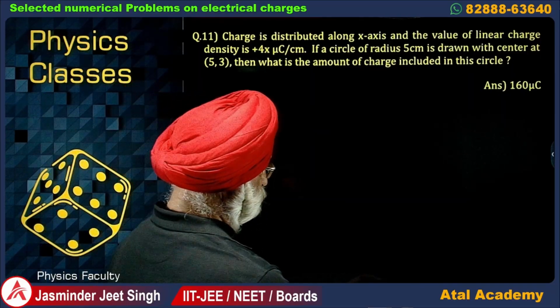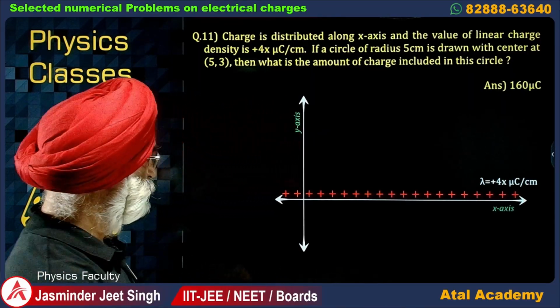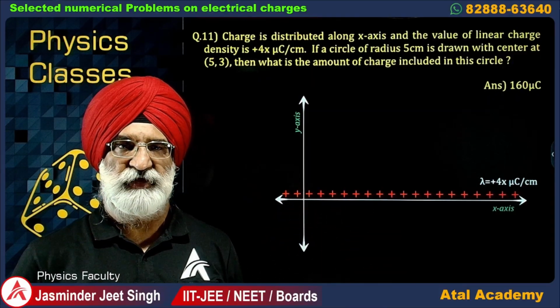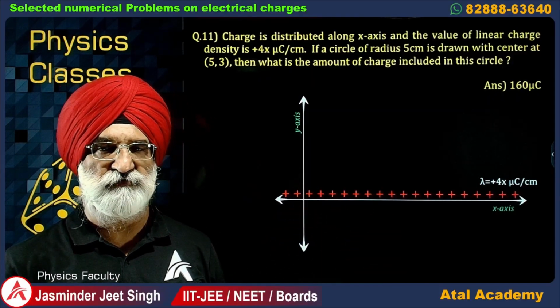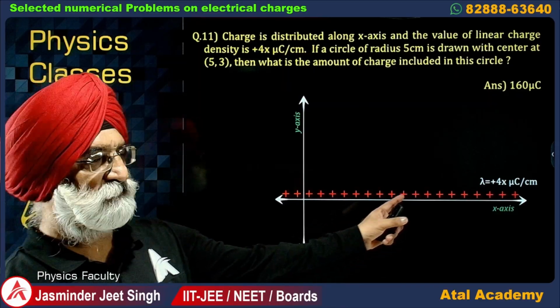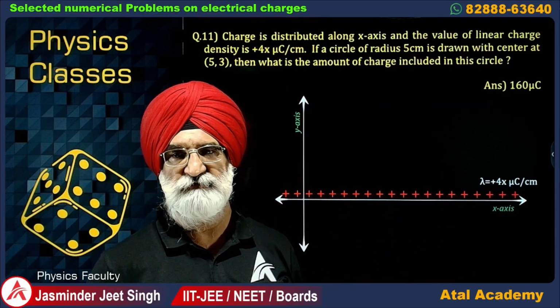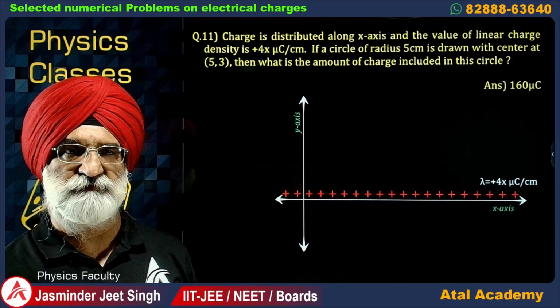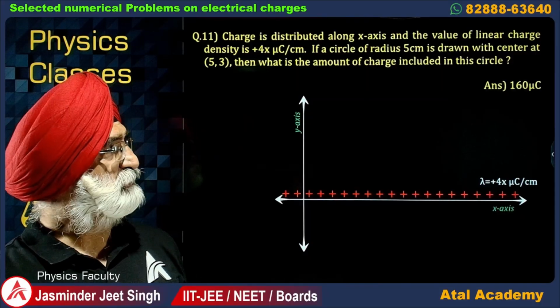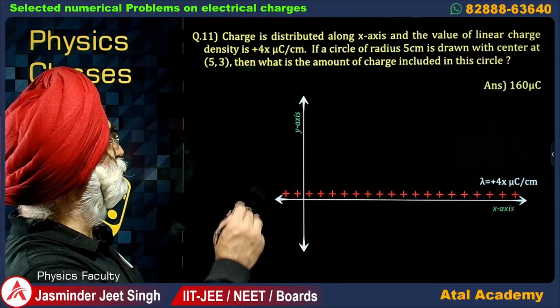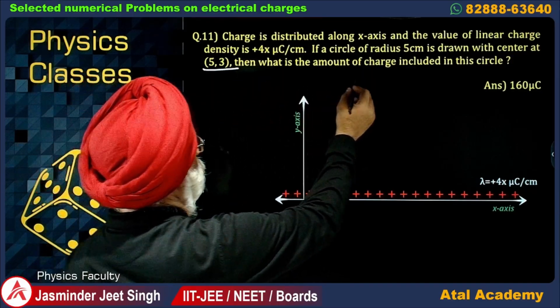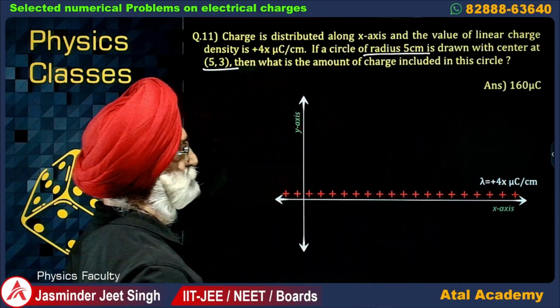We can take up this numerical in this way. Let there be x-axis on which charge is distributed and the linear charge density is 4x microcoulomb per centimeter. We can imagine a circle whose center is at the point (5,3) and the radius is 5 centimeters.